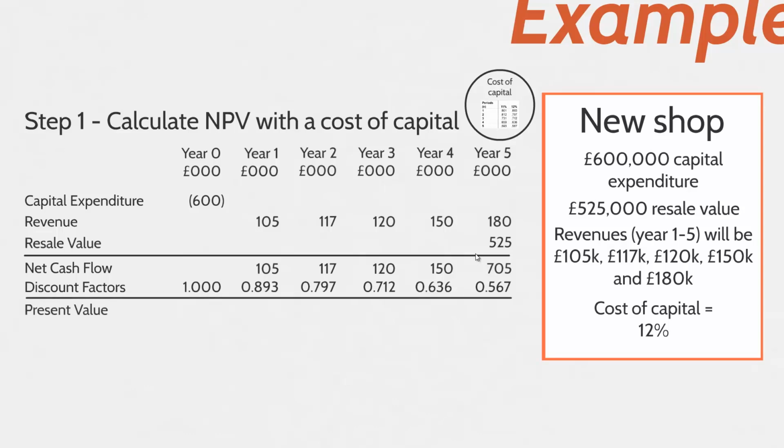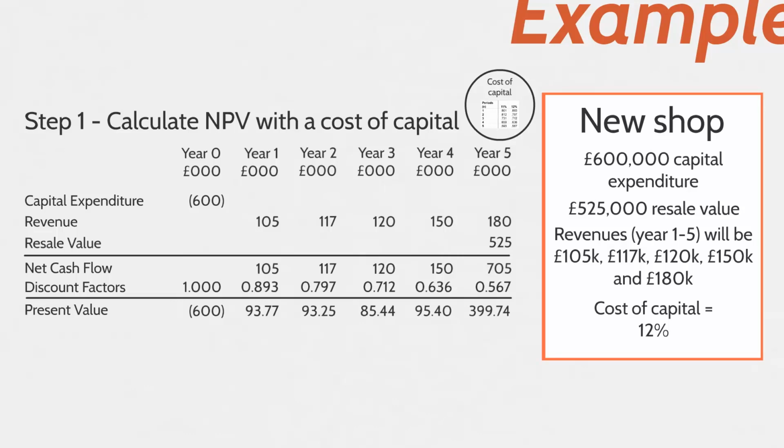And then from that, we can calculate the present value of each year by multiplying the net cash flow by the discount factor. So for year 1, we have 105,000 multiplied by 0.893, giving us £93,770. And repeat the process for all 5 years.